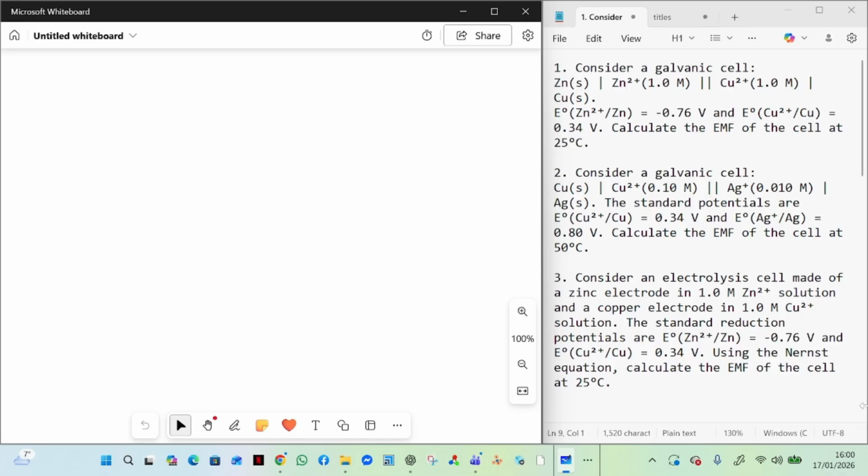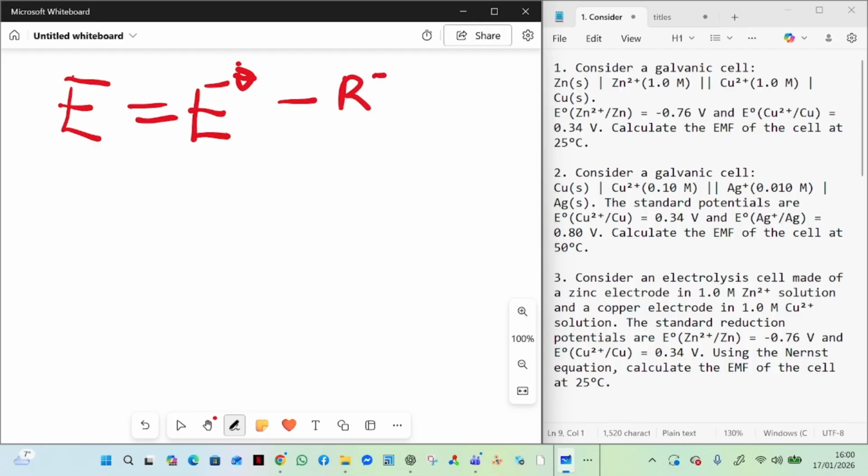The next equation can be written as E for non-standard condition is equal to standard E cell minus RT over nF ln Q, where Q is the reaction quotient. And from our previous video, if you haven't watched that, kindly do.